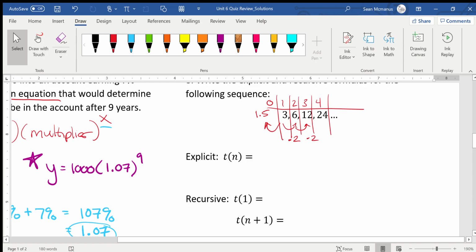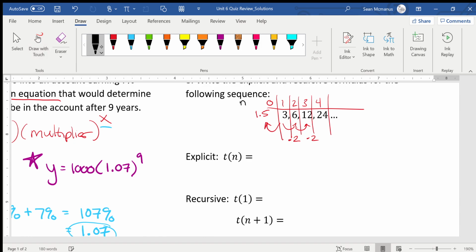This means what I found here. These on top are the n, and that's t of n. Let's write the equations like I had them on the board. If you recognized these were multiplication, then you chose the equations that used multiplication.